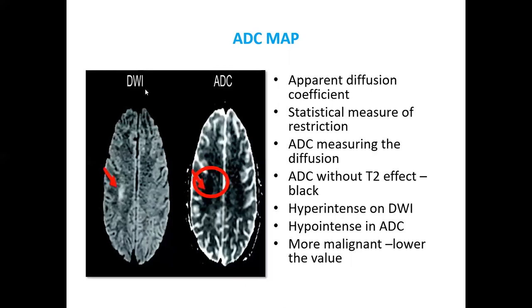So this is diffusion weighted, and this is the ADC map. In ADC you can see the CSF white, and the white part in the diffusion weighted image, which is the restriction, looks black in ADC, and it is a statistical measure of restriction. Hyperintense on diffusion weighted and hypointense on ADC means more malignant, the lower the value.